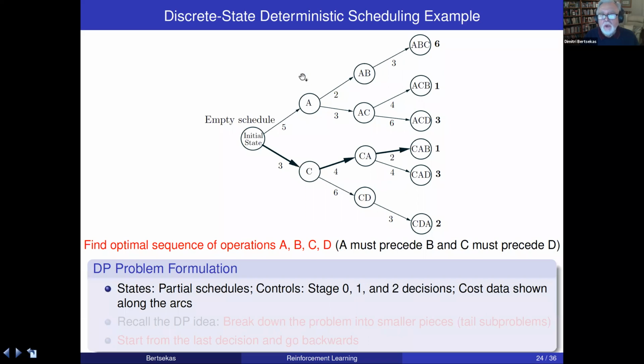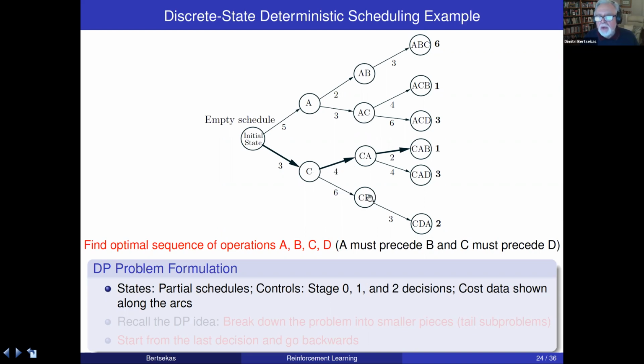So this is the state space at time 0, state space at time 1. State space at time 2 corresponds to choosing the second operation. And here at A, we can choose either B or C. We cannot choose D because remember, D must wait until C has been scheduled. So there are two possible transitions.